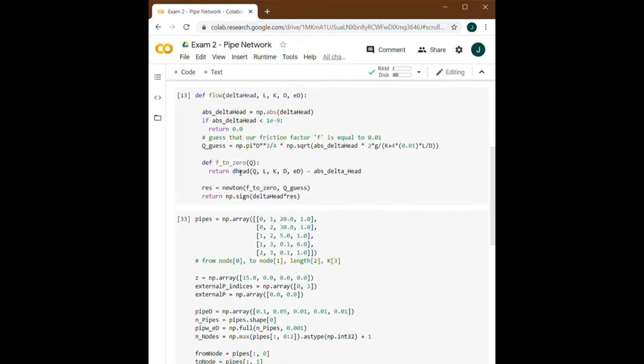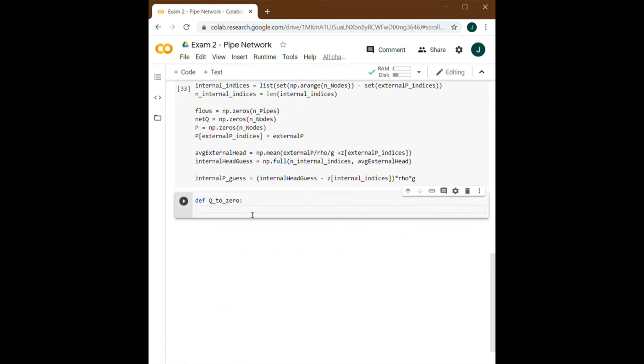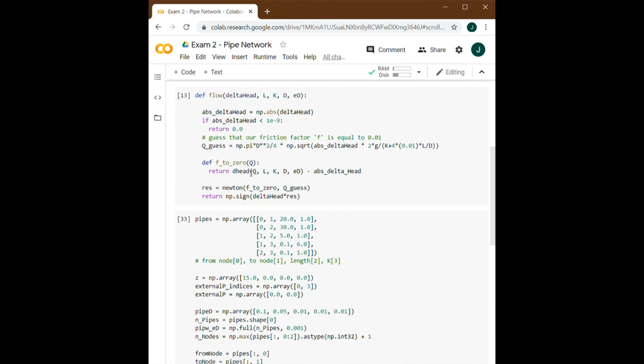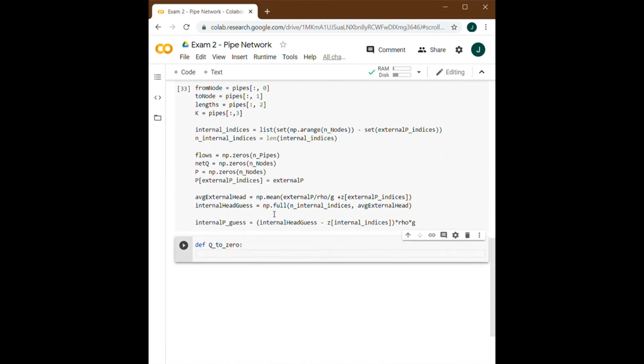In f to 0, what we did is we iterated flow to find a friction factor that was correct, so that our drop in head was equal to our delta head. So our q to 0 is going to need the variable internal pressure, which we will get to in a minute.